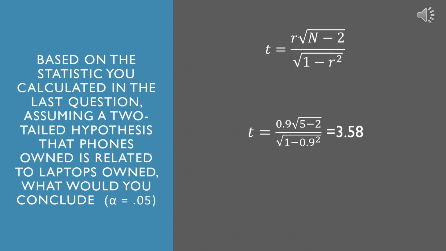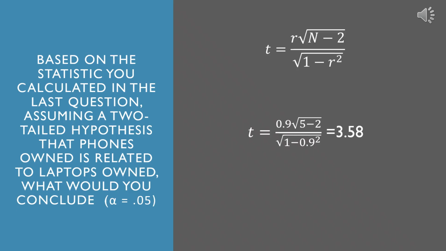Now what we have to do is compare our observed t-score to the critical t-score for the degrees of freedom, n minus 2, alpha 0.05, and a two-tailed test. If our observed t-value that we just calculated is more extreme than the critical t-value, then we know we're in the rejection region, the critical region.